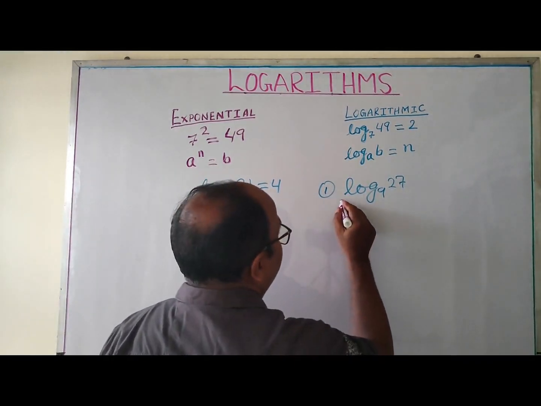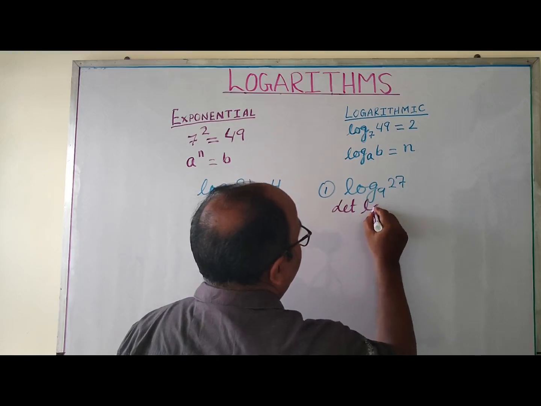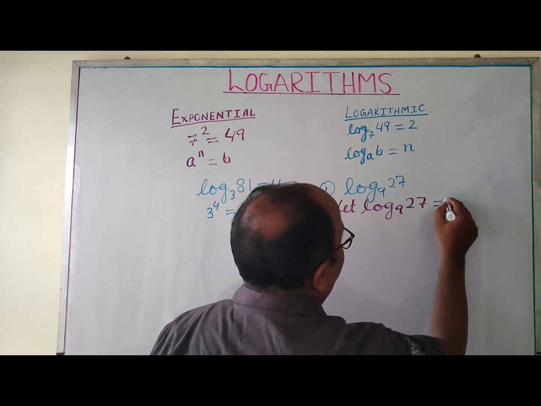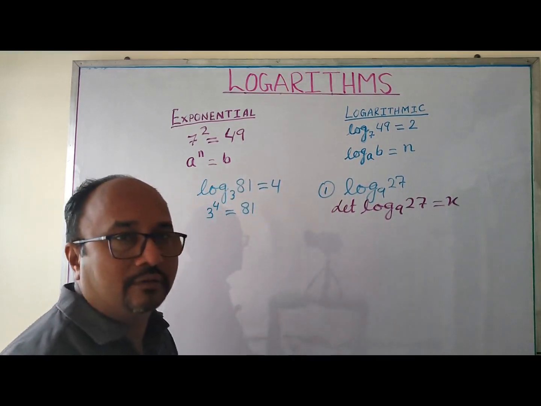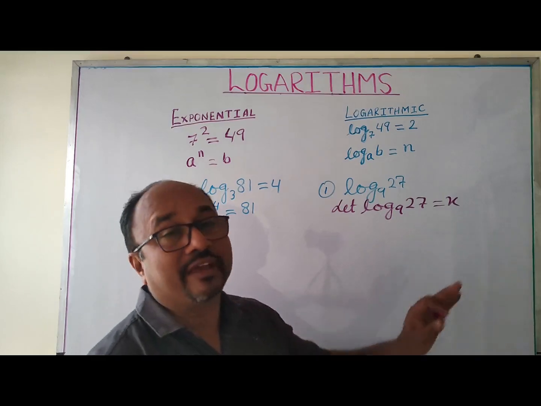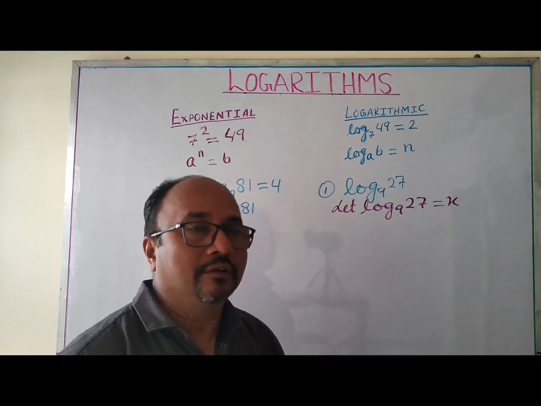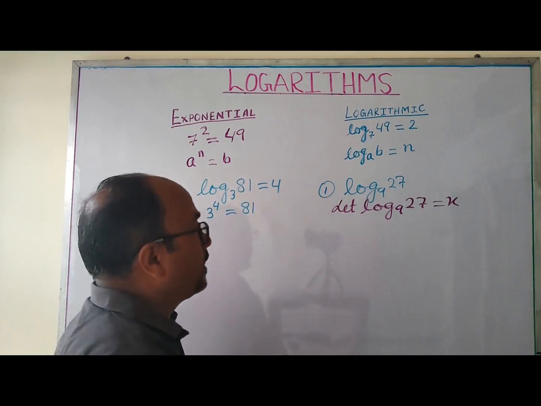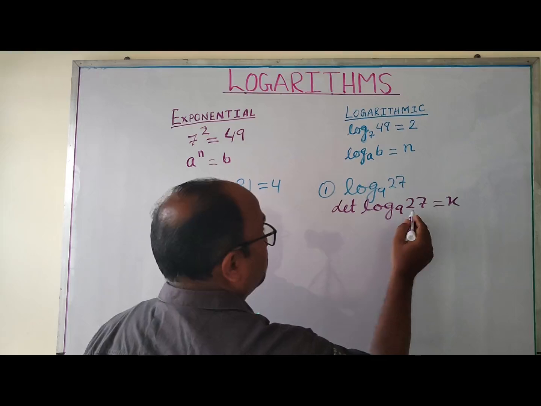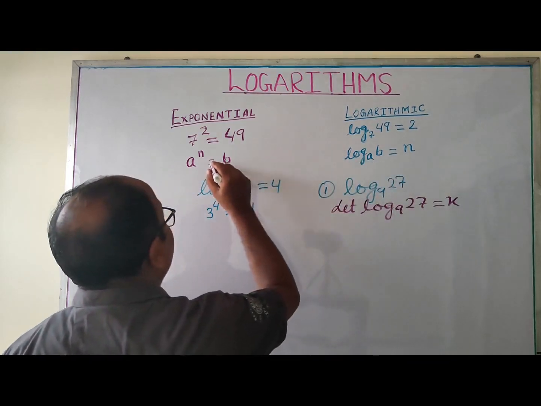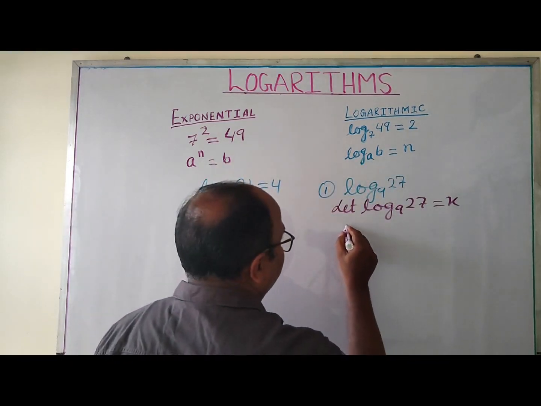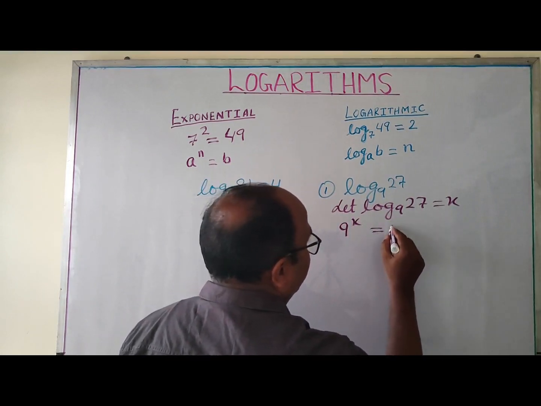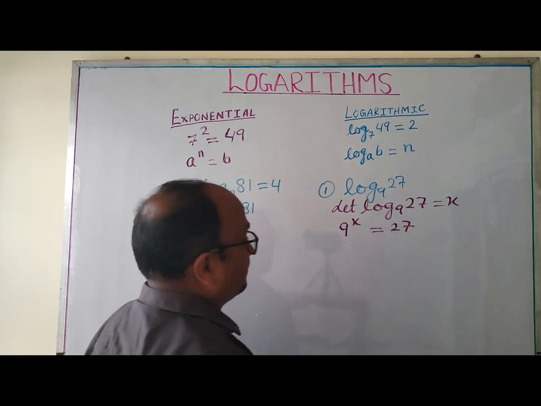So I will assume here first, let log 27 to the base 9 is equal to x. Now it means if I get the value of x, that will be the value of log 27 to the base 9. So I will change it from the logarithm form to the exponential form. Base remains as 9, the power comes as x, and this is 27.